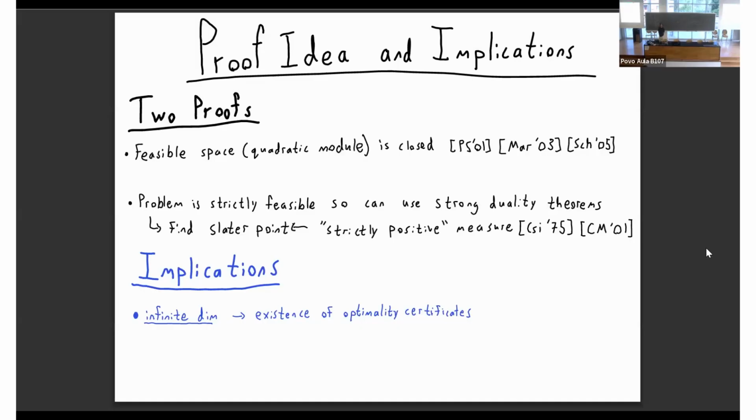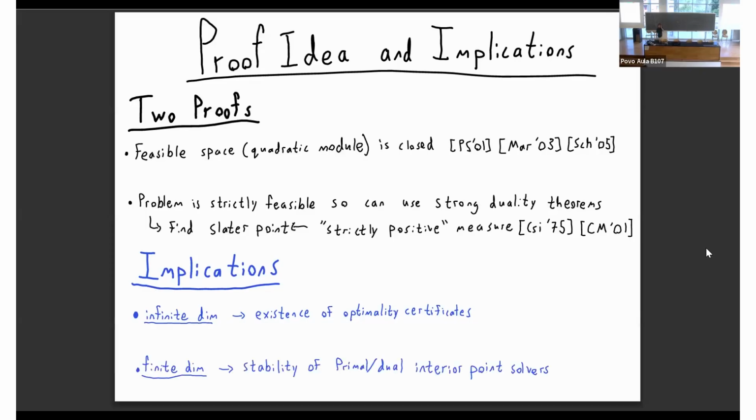This is when you have the infinite dimensional problem. So this means that if you have a theorem where you need an algebraic certificate of a certain bound, you have this. You don't just have a sequence that approaches it. And we talked about the stability that this offers to solvers.